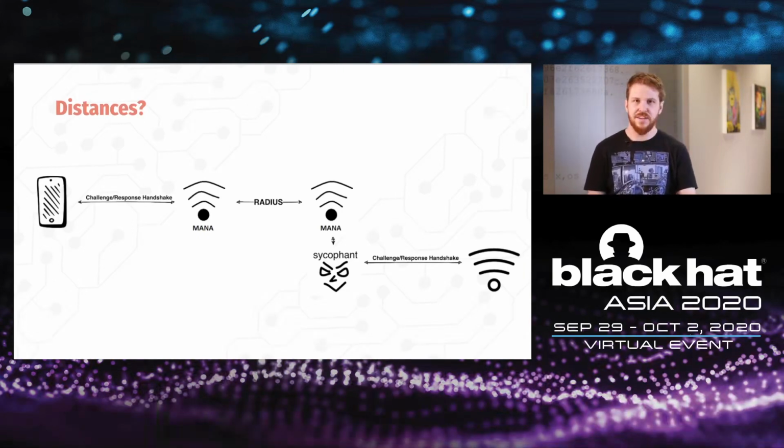It sends along, it talks Radius to another server. So to do this over a long distance, you set Mana or HostAPD Mana as a Radius server along with a Sycophant. They still need to talk together using the file system, but you can set up an access point to use your Radius server and point it at the Radius server, obviously.